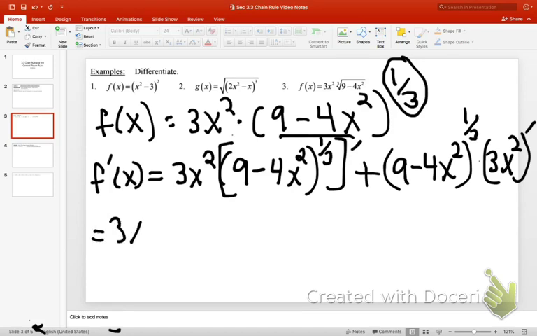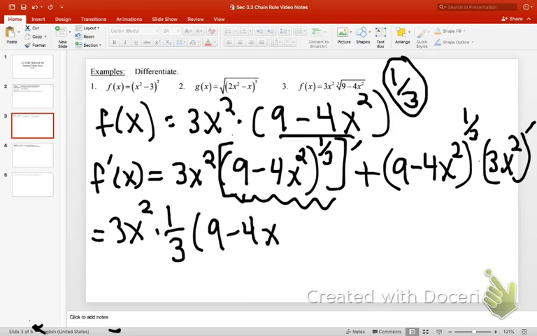So we have our 3x squared. Now we're taking the derivative of this piece right here. Since I have more than just an x to a power, we have to apply the general power rule. So we're going to pop the 1/3 in front, leave the inside like it is, power minus 1, and then that hook-on factor of the derivative of this inside.